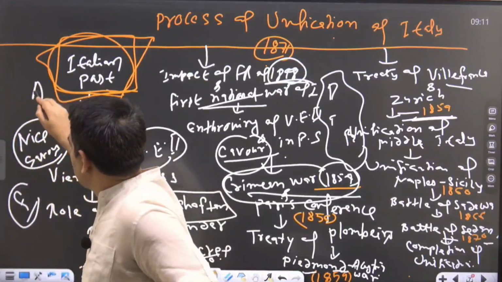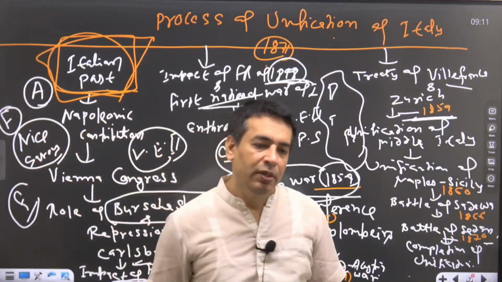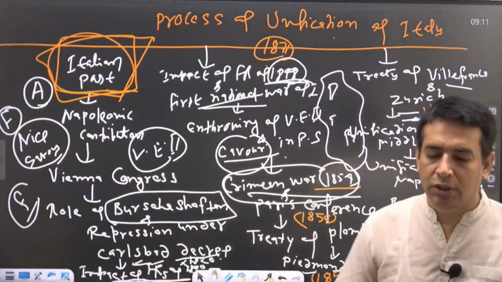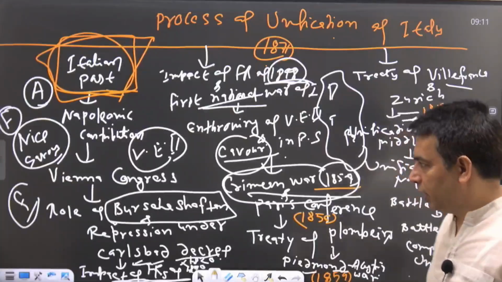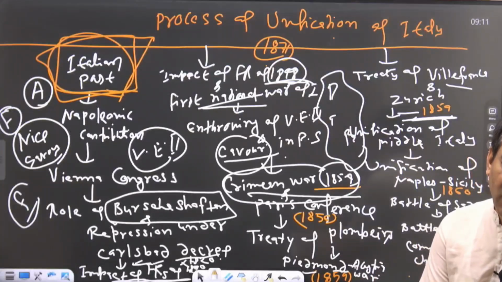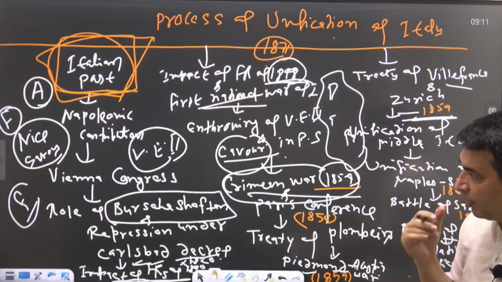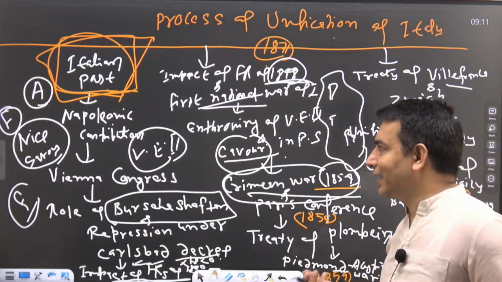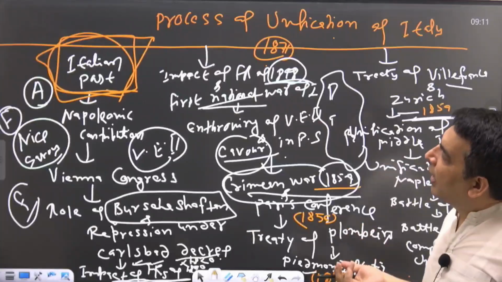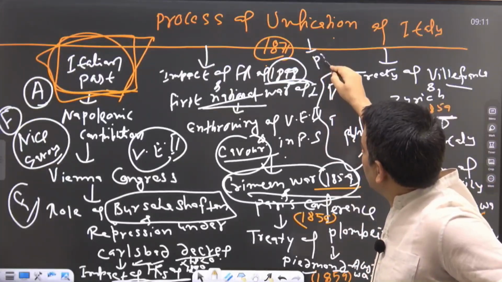again two deadly opponents were there. On one side Austria was there, on the other side France was there. So now the Austrian challenge was to be sorted out, and it was sorted out by the Battle of Sadova, 1866. In the Battle of Sadova, with modern technology and great tactics, Prussia defeated Austria, and then the Treaty of Prague was signed.